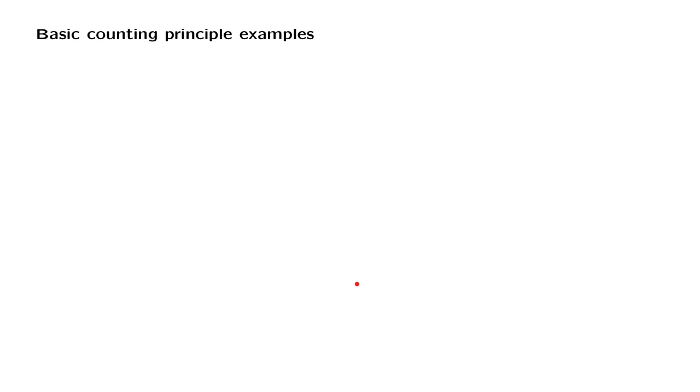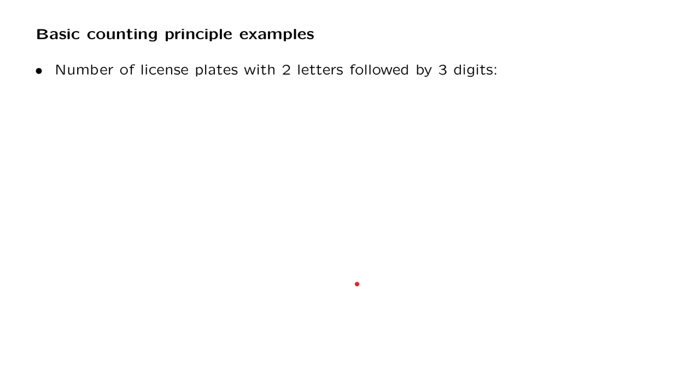In our first example, let us consider license plates that consist of 2 letters followed by 3 digits. The question is, how many different license plates are there? We think of the process of constructing a license plate as a sequential process. At the first stage, we choose a letter and we have 26 choices for the first letter.